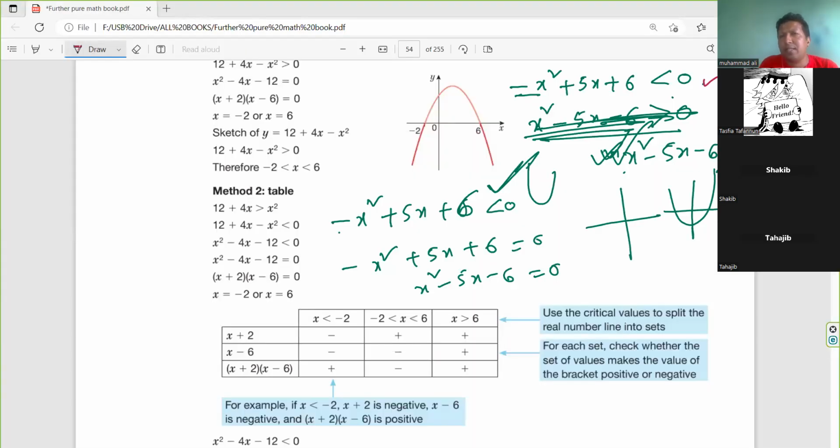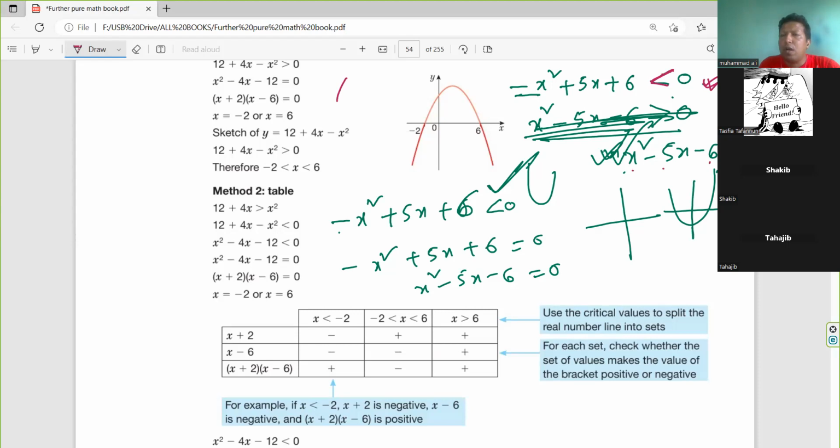Like your maths is minus x square plus 5x plus 6 less than 0. If you want to make x square positive, your equation will be x square minus 5x minus 6 and the inequality will be changed. It was less than, it will be greater than. So if you follow these things, you sketch the cap shape curve and the curve will be less than 0.